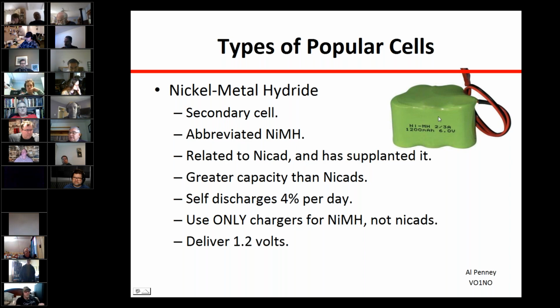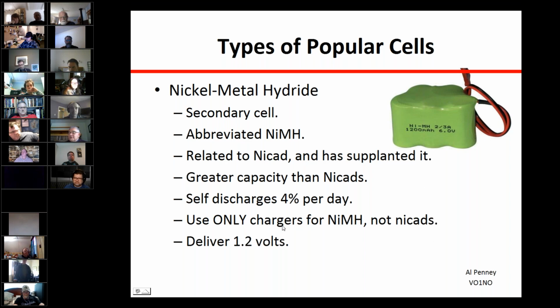So if you start off with a battery at 100% charge, after one day it's going to be down to 96, and then it's going to be down 4% of 96, and so on. Eventually the battery will discharge to the point where you won't be able to use it for very long. You'll have to charge it up again.